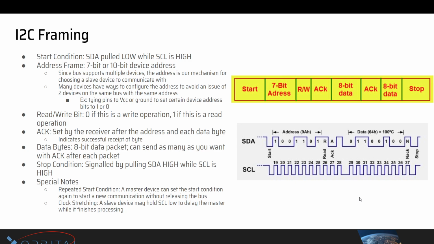In both cases here, you were the master and the temperature sensor was the slave. Yeah, you would have to send that again, and this time have the read/write bit be low to indicate a write.